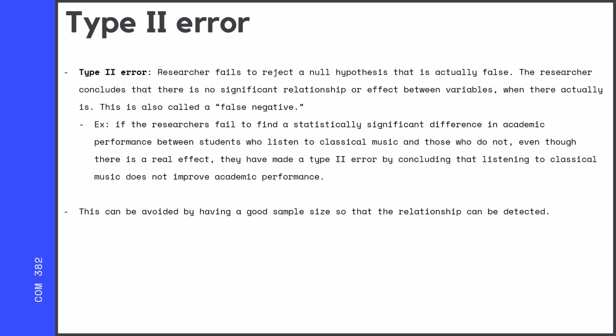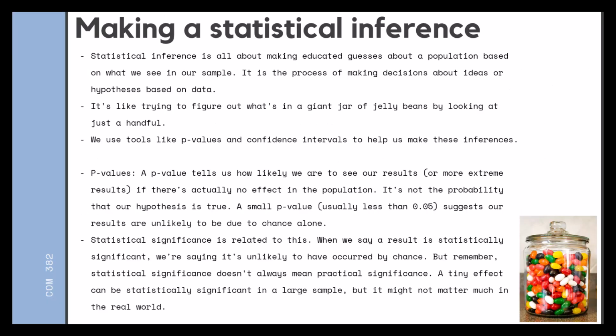They may have made a type 2 error by concluding that listening to classical music didn't improve academic performance. In order to avoid type 2 error, you have to have a good sample size so that you can actually see the relationship.